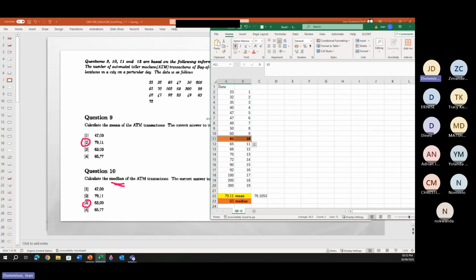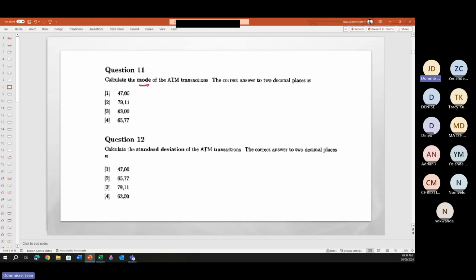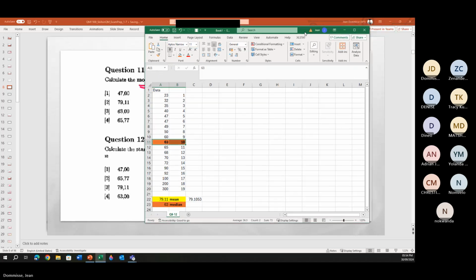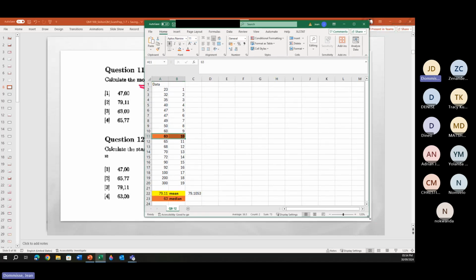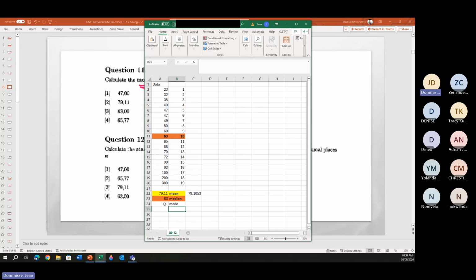Okay, so let's look at questions 11 and 12. So question 11 is the mode. The mode is the number that appears the most.